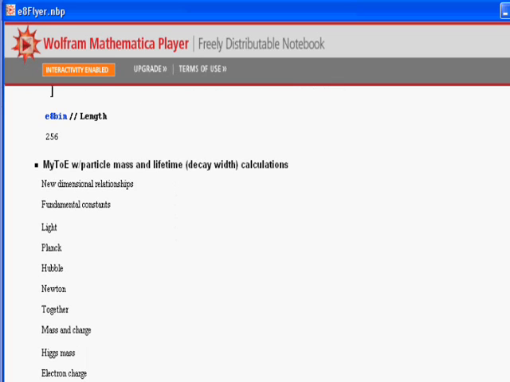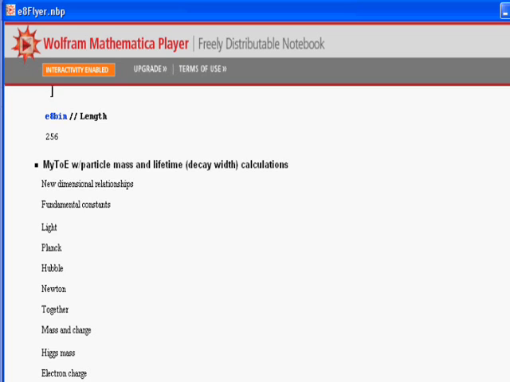Now, the theory of everything that I have created has a capability to predict particle masses and lifetimes, and this is done by a selection of constants and dimensions that define a fundamental unit of measure, which is very interesting in that it is represented by the fine structure constant to some power to define each of the fundamental constants.